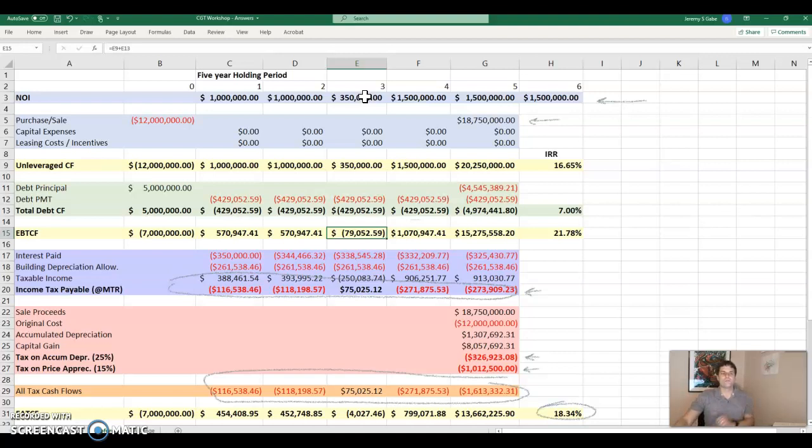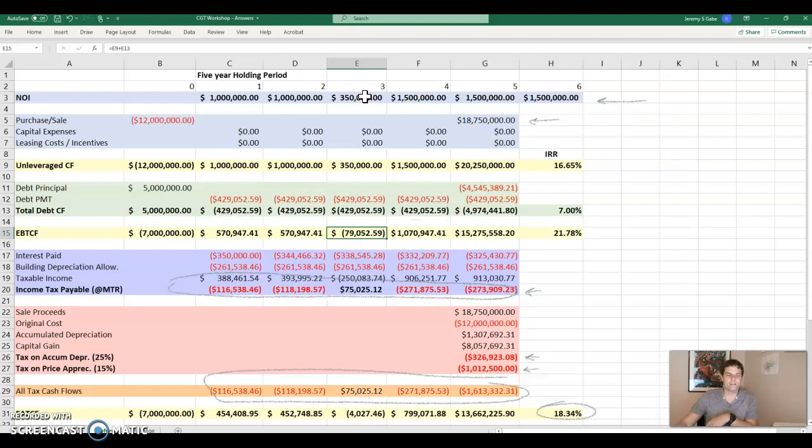So while losing money does generate bigger tax shelters and tax losses, if you lose too much money and can't pay your debt off, you get bigger problems. So this is something we like to avoid. And pay attention to this because it's often overlooked in a pro forma or a model to have a negative before tax cash flow and to think, okay, I just get bigger tax losses, I don't have great returns that year.